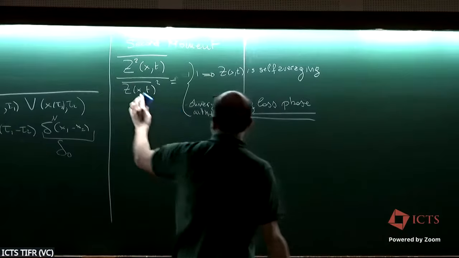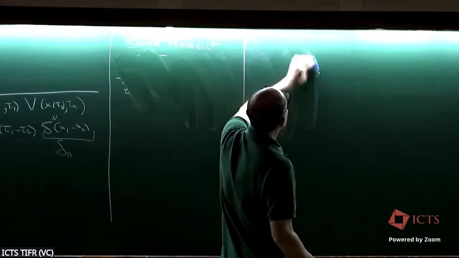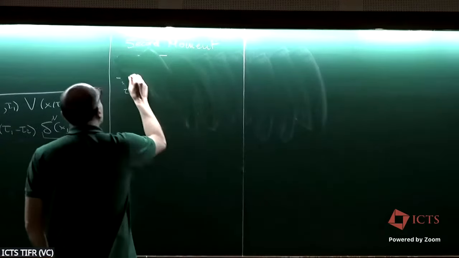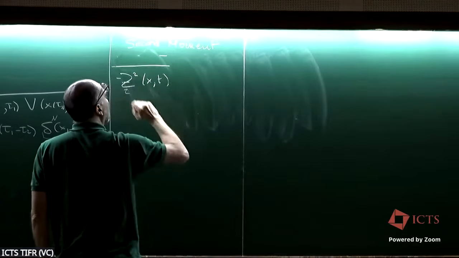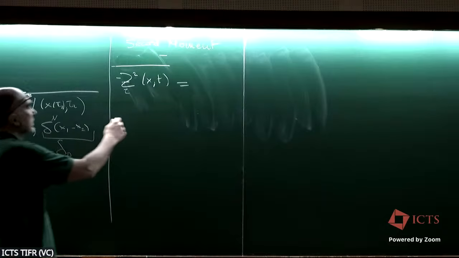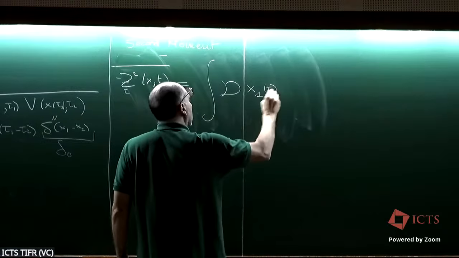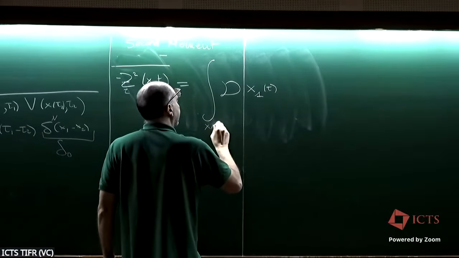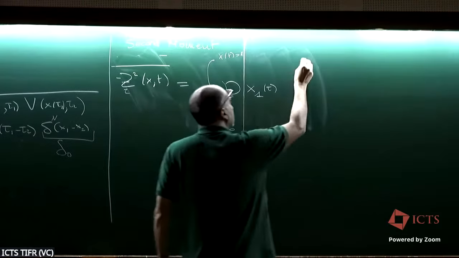So let me erase this, it was a recall. Okay, so here is where you introduce the replica, because you see that here we were integrating only on one path, but now when you do this, you have to integrate over two paths. So this is the first replica. This is the second replica.